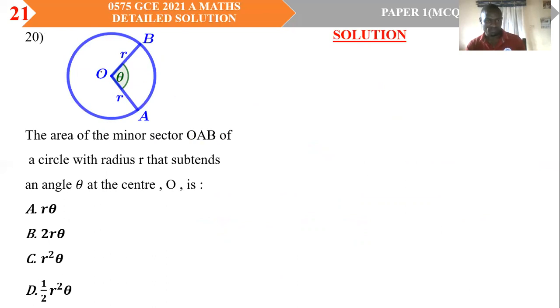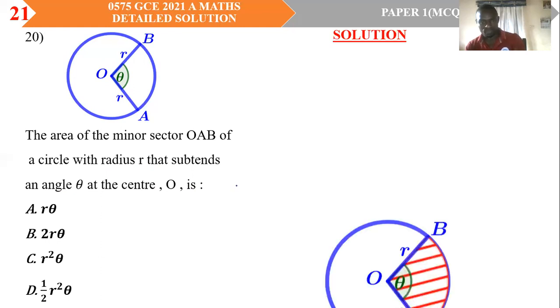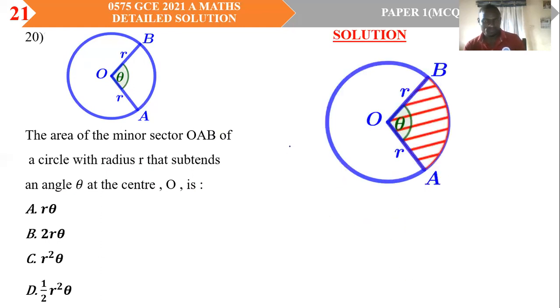This is the minor sector OAB, this region, of a circle with radius r that subtends an angle theta at the center O is... please, looking at this geometry, you see the shaded region in red. That is the required area we want to calculate.